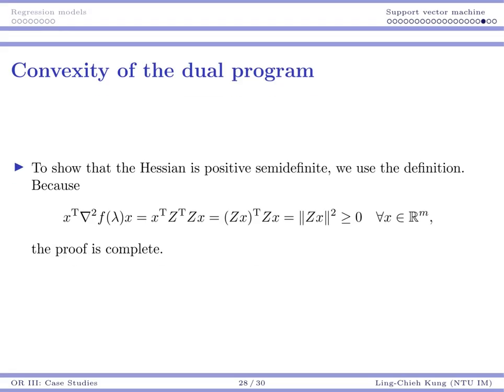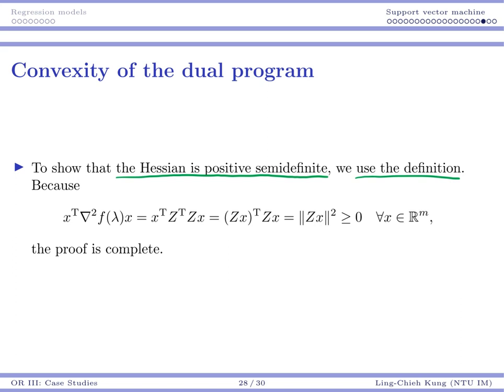Once you do that, if we want to show that the Hessian is positive semi-definite, we use the definition. It's interesting, here we don't use those properties like leading principal minors or eigenvalues. We use the definition.